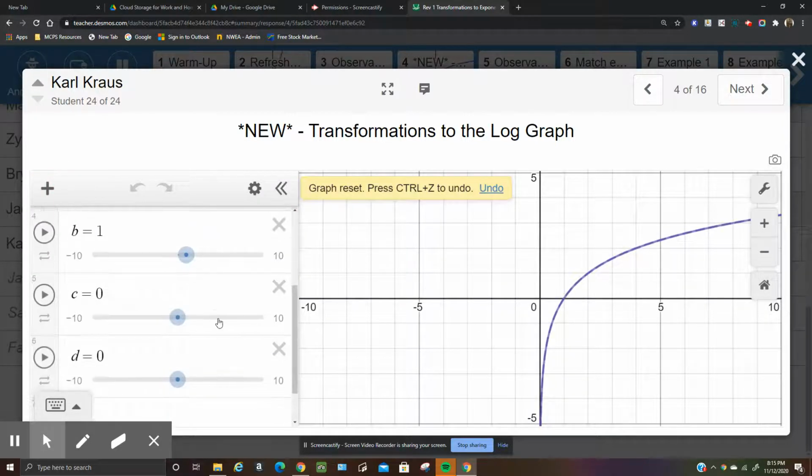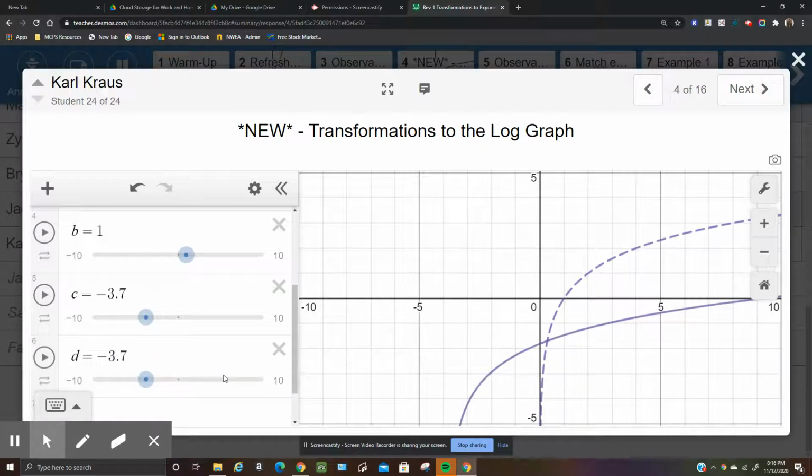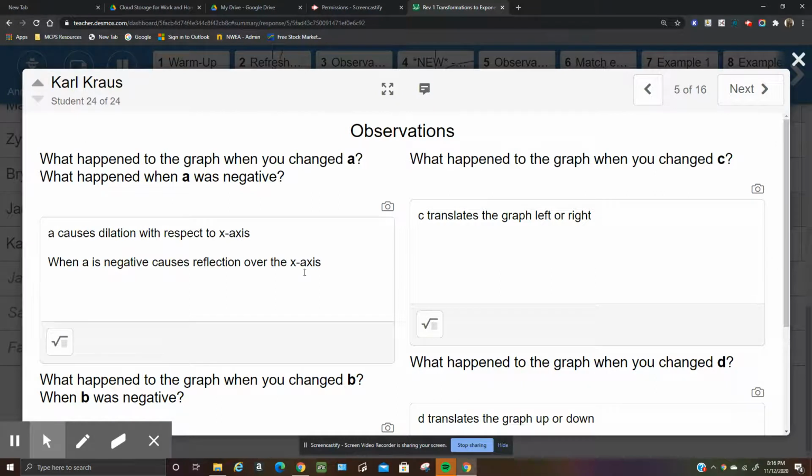And then C is left or right. D is up and down. So we can add here vertical dilation.